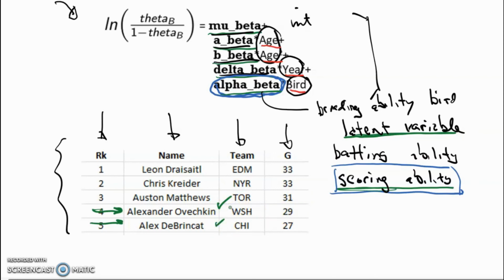On the other hand, at the time that I got these data, Washington had 61 points, Chicago had 41 points. So it seems to me quite possible that this dude's scoring ability is better than Ovechkin's, and he actually would have had a lot more goals if he played for a more decent team.